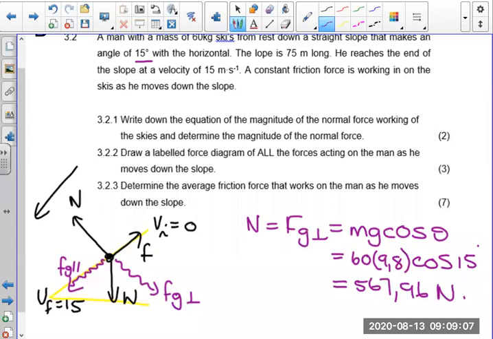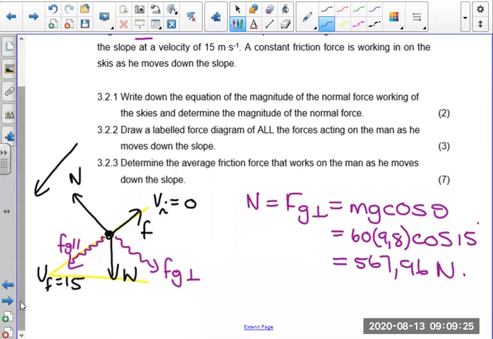Okay, so the next one that we're going to look at is 3.2.2. They say draw a labeled forces diagram of all the forces acting on the man as he moves down the slope. Now here the picture that I drew was just for myself.